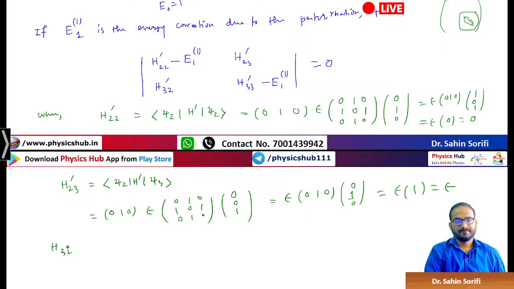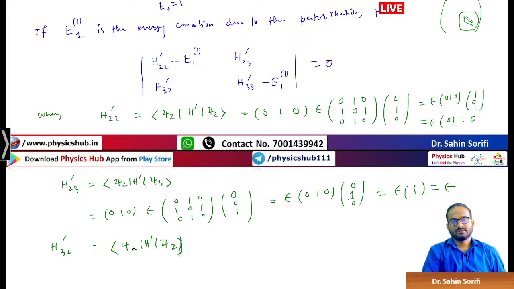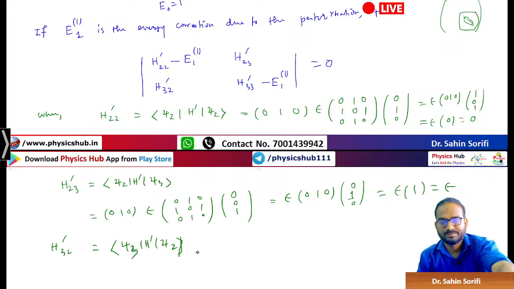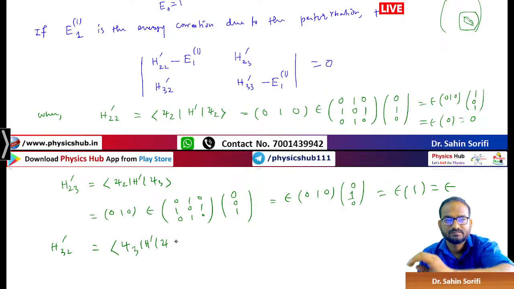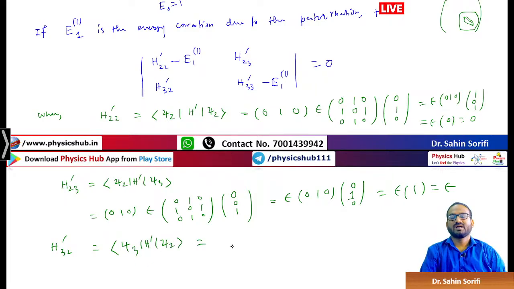H32 prime is bra psi 3, H prime, ket psi 2. Bra psi 3 is the row vector 0 0 1, times epsilon times the matrix [0 1 0; 1 0 1; 0 1 0], times ket psi 2, which is 0 1 0.